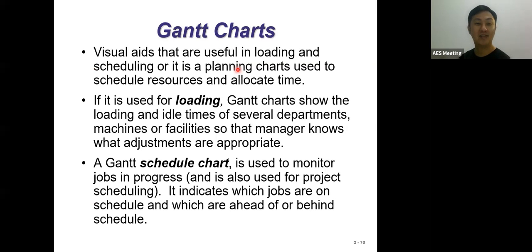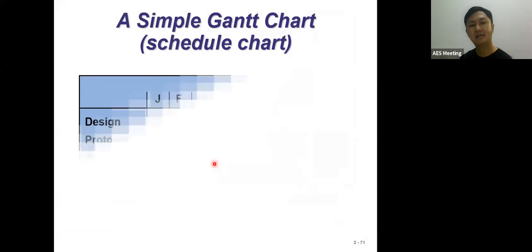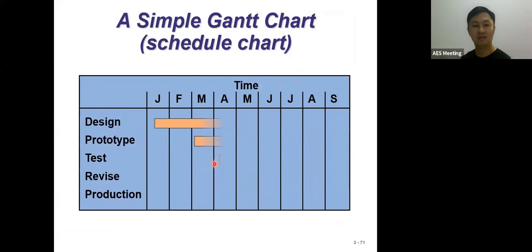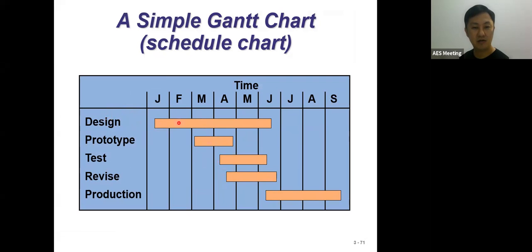So without further ado, I will talk about the Gantt chart. We have the loading and the schedule available in the Gantt chart. I'm showing you an example of what a Gantt chart looks like. A simple Gantt chart looks something like this. You can see the design activity has 1, 2, 3, 4, 5, 6, so we have 6 timings for the design.